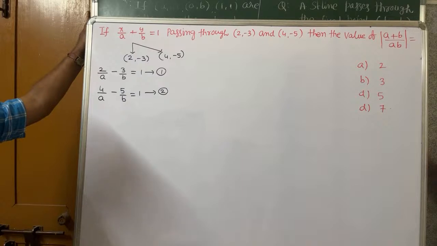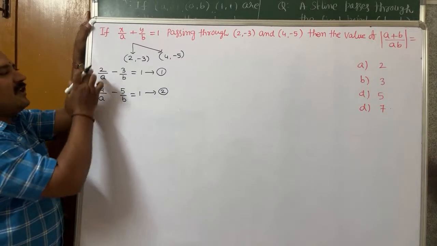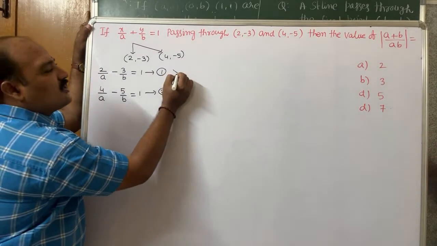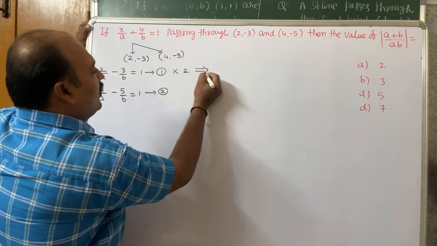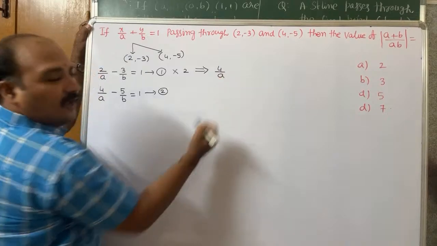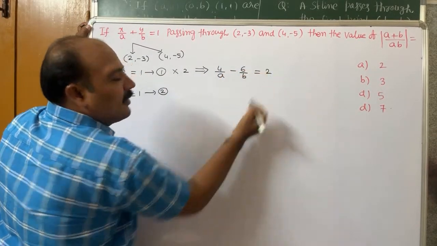Now solving these equations, I want to eliminate the term a. Here 4 by a is there, here 2 by a is there. Multiplying the first equation by 2, you will get 4 by a minus 6 by b is equal to 2. Am I right?